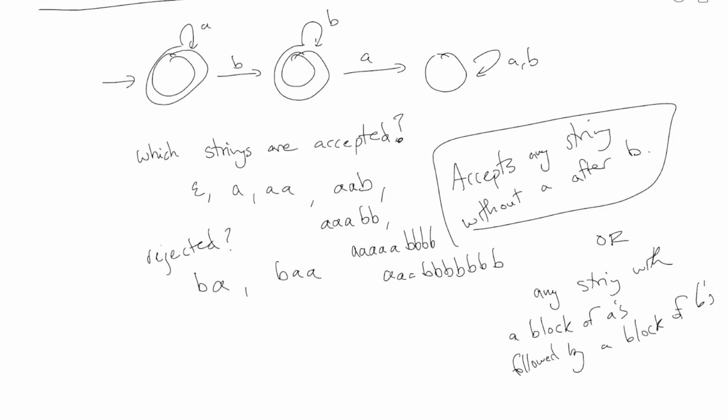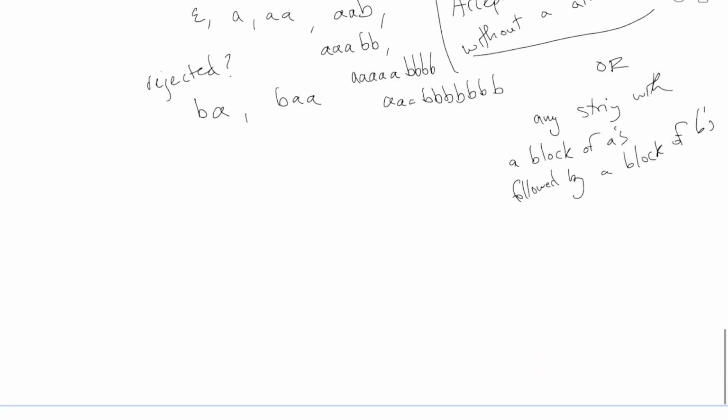By block, I mean the blocks might be of size 0, so they could be empty blocks, because it's possible there are no A's, it's possible there are no B's, but a block of A's followed by a block of B's. I prefer this just because this is easier to write as a set, using mathematical set theory notation, that is fairly easy to write. I would write it like this.